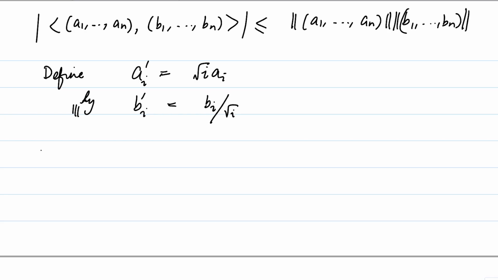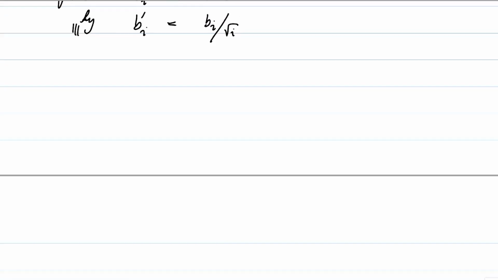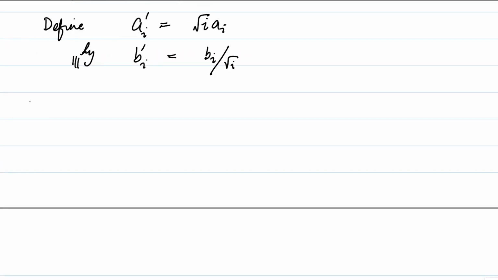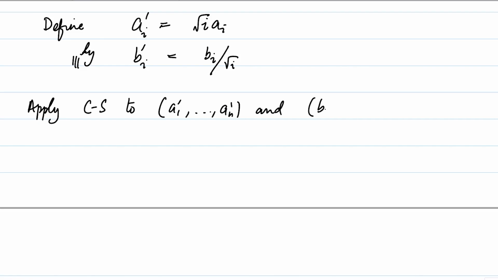So apply Cauchy-Schwarz to these vectors. We will not apply Cauchy-Schwarz to our a1 to an and b1 to bn. We will apply it to a1 prime up to an prime and b1 prime up to bn prime. What will be the LHS?